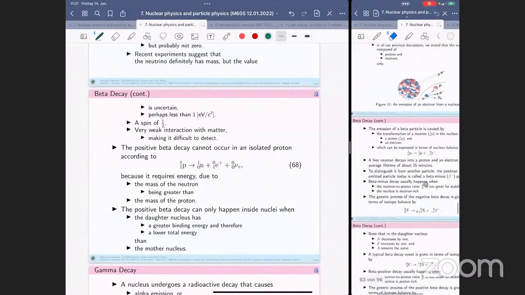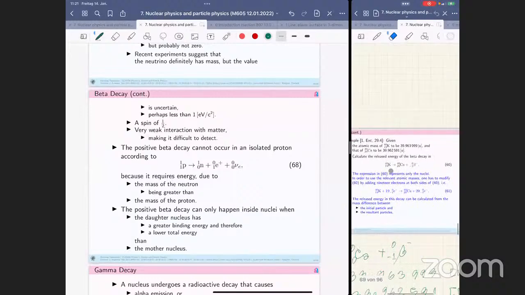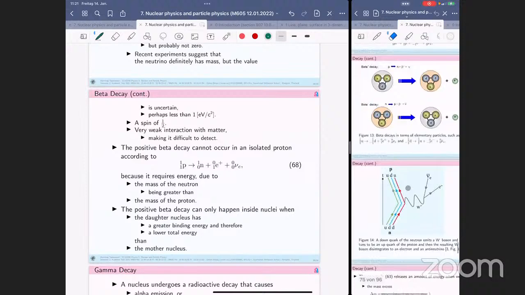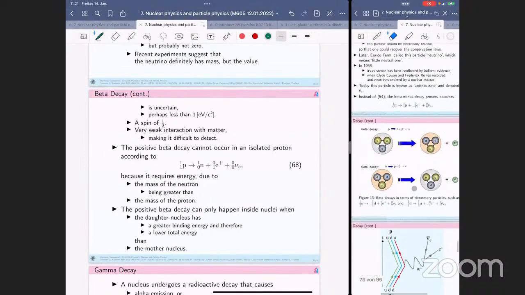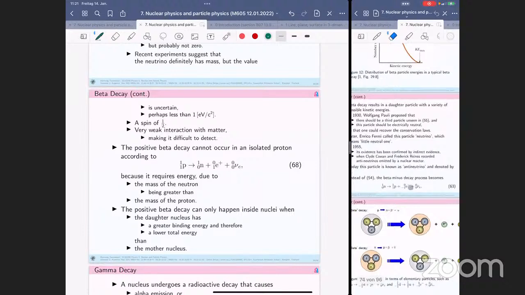It's not like the beta minus process. In the beta minus process, from N to P, this one could take place because the mass of the neutron is greater than the mass of the proton. But beta plus is in the opposite direction.